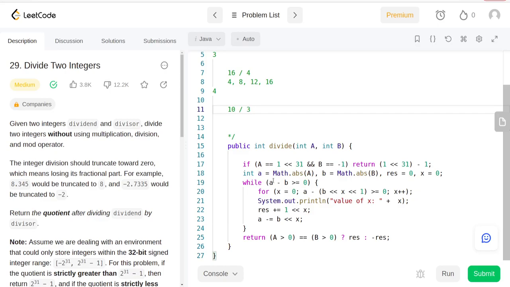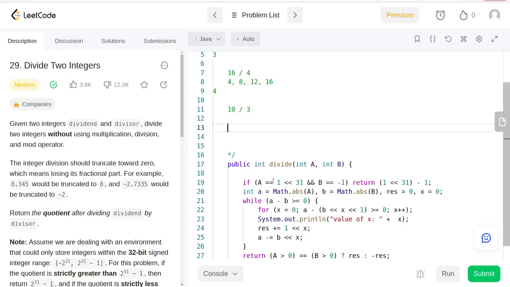Think of it as I'm going to multiply 3 by 2 every single time. I'm not adding 3 with 3.